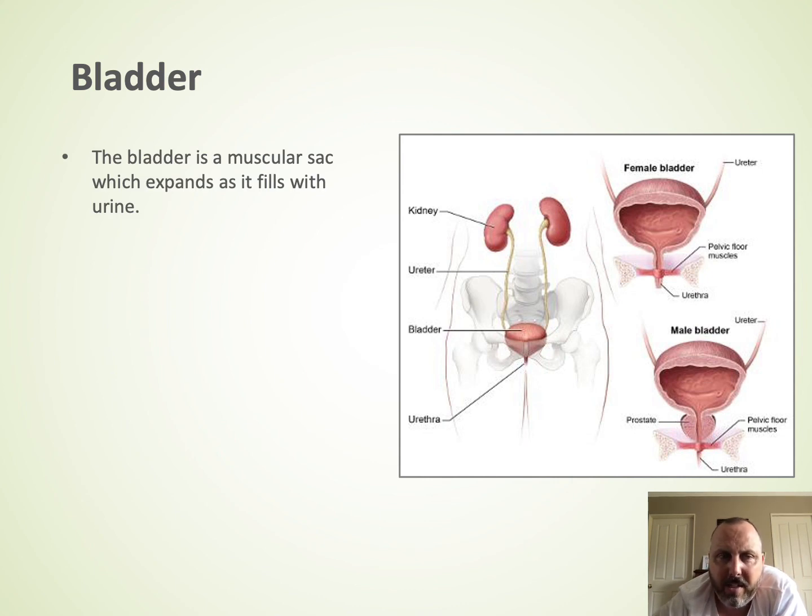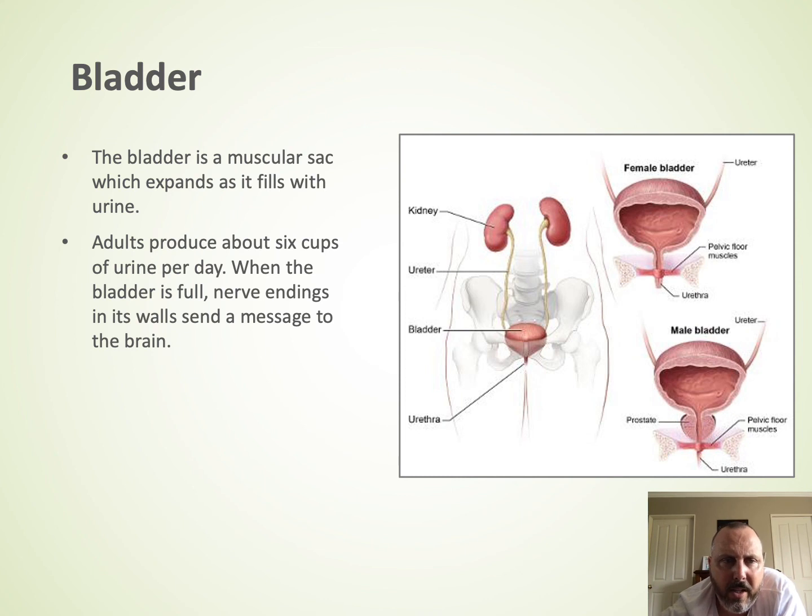It's a muscular sac which expands as it fills with urine. So that's important to understand, that it's able to expand to a certain size once it gets full. Then your body gets that signal to go, oh, I need to go pee. Off you go, and do what you need to do.